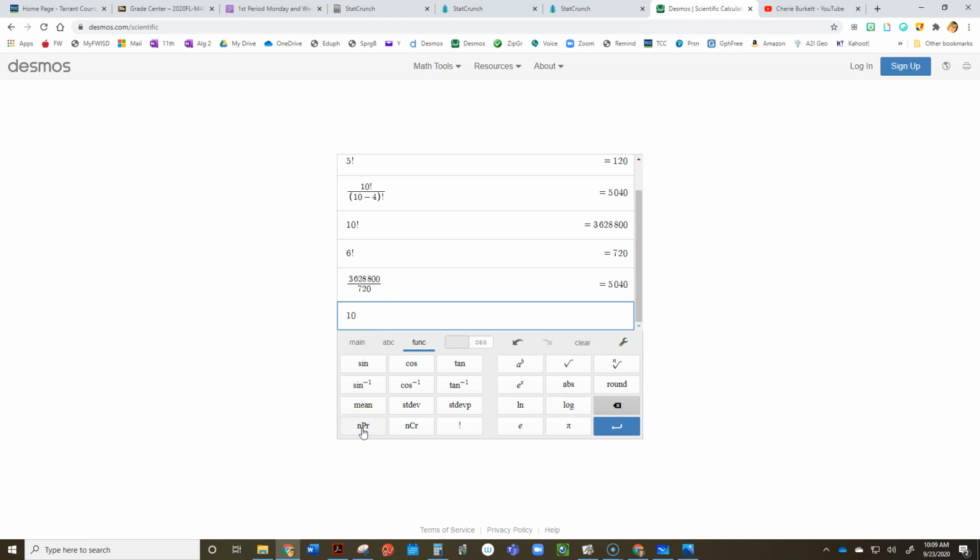You press that button, and then you probably do 10, 4. So I have 10 things I'm choosing 4 at a time. That's definitely a super easy way to do it. Notice they have permutation and combinations right there.